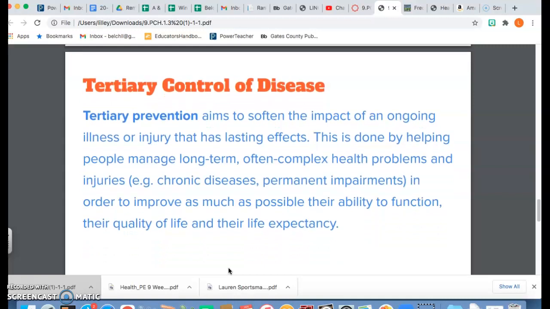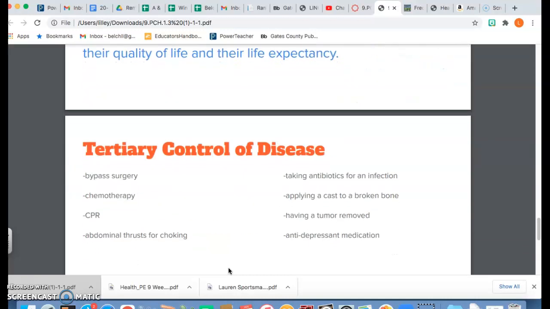And then next we have tertiary control, and tertiary control aims to soften the impact of an ongoing illness or injury that has lasting effects. This is done by helping people manage long-term and often complex health problems and injuries like chronic diseases and permanent impairments, in order to improve as much as possible their ability to function, their quality of life, and even their life expectancy.